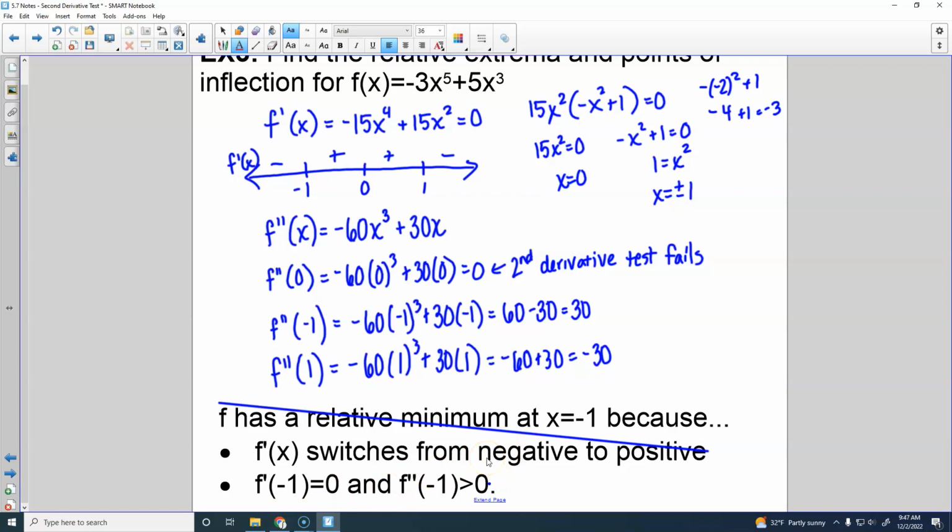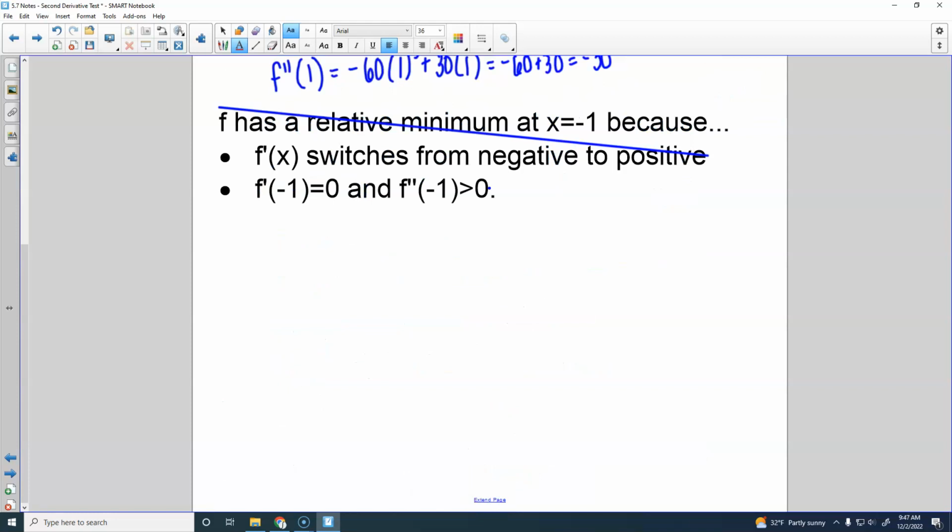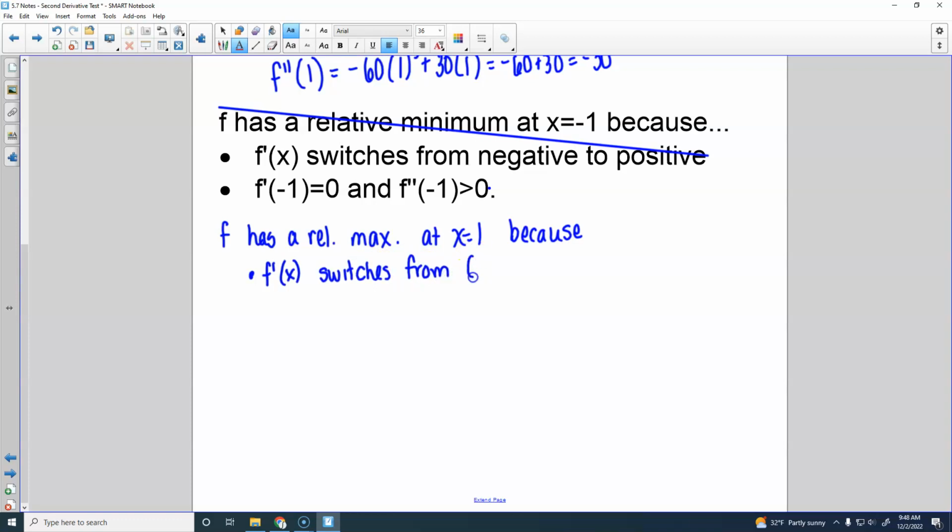Anyway, you guys get the idea here. You can do the same thing for the positive one. So f has a relative maximum at x equals +1 because, and then again, you could either say f prime of x switches from positive to negative. I'm being lazy here, but I want us to get to the last couple problems.